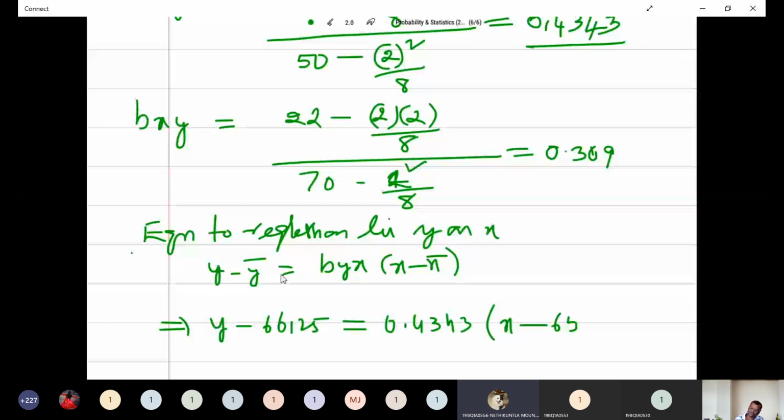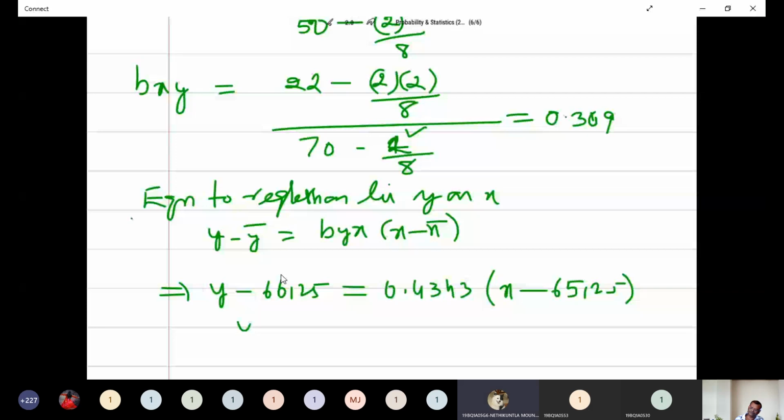Therefore, finally, y is equal to 0.4343x plus 37.91.